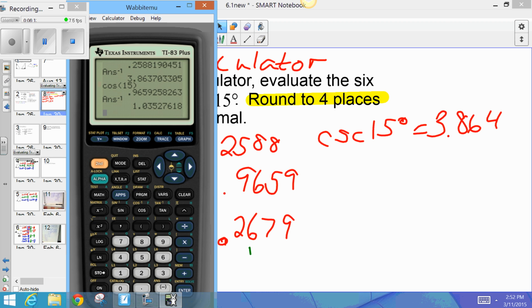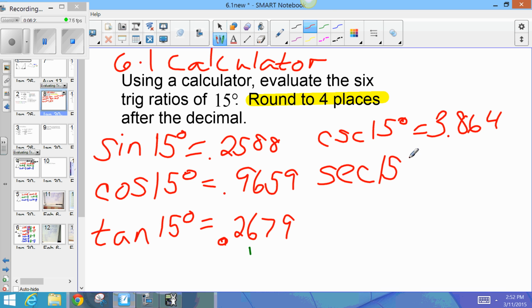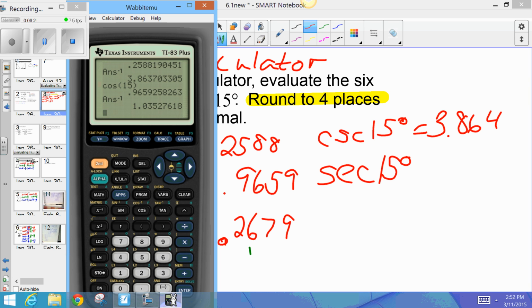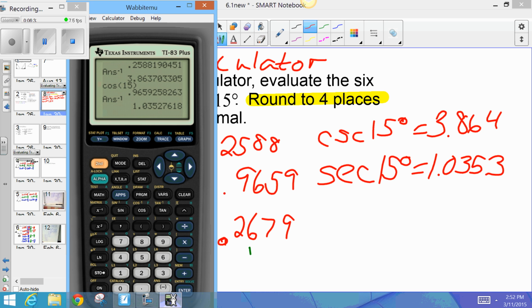Okay, so secant of 15 degrees is 1.0353. Okay, cotangent is tangent, then reciprocal, 3.7321.